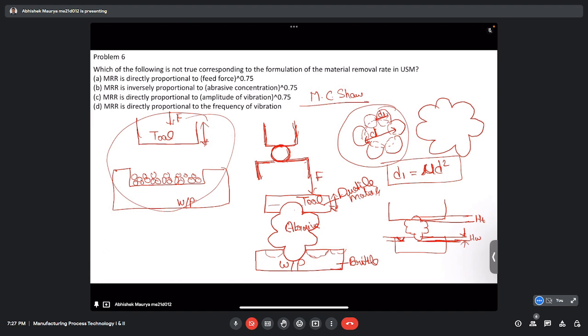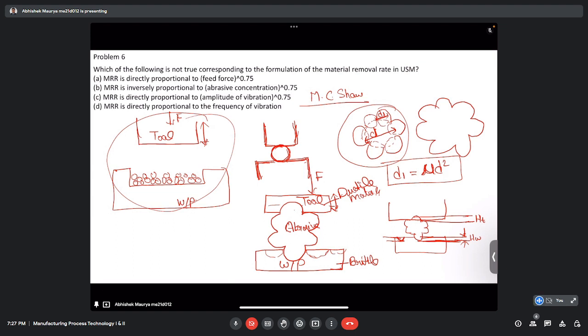This deformation, ht and hw, depends on the flow stress or the hardness of the material. If hardness is higher, flow stress will also be higher.